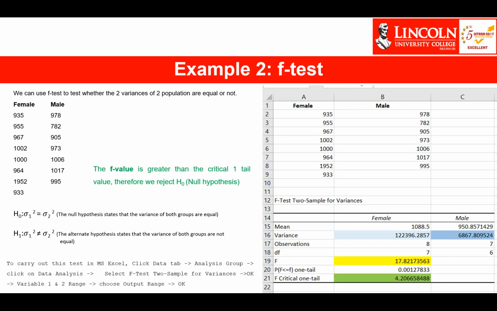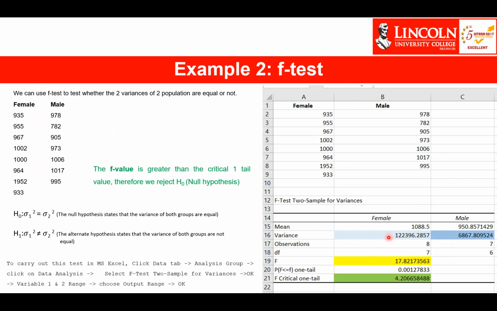Okay, so to do this, in this case, I've gotten another set of observations. In this, I have two different groups. These are female, these are male. So I want to check whether they have equal variance or not. So eventually, this is what I got.